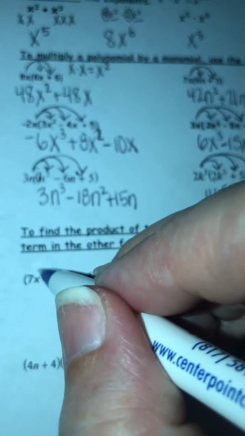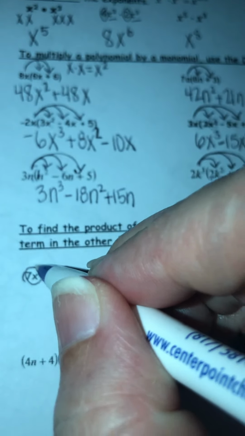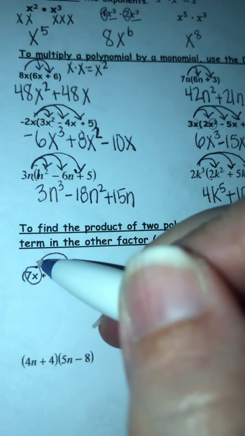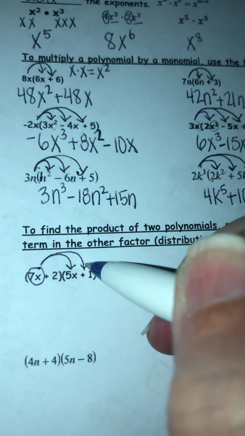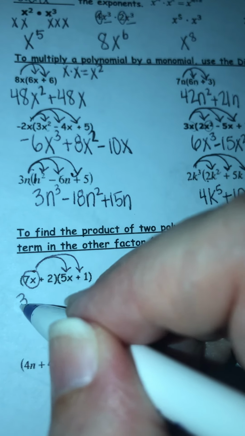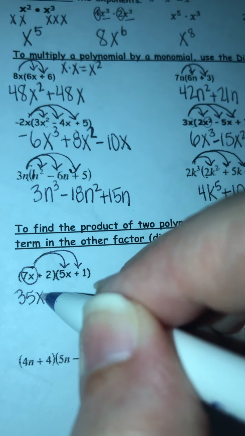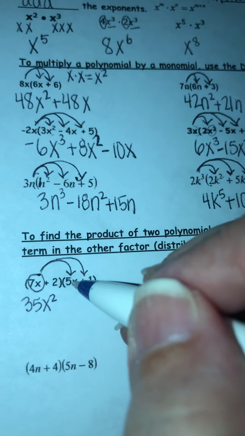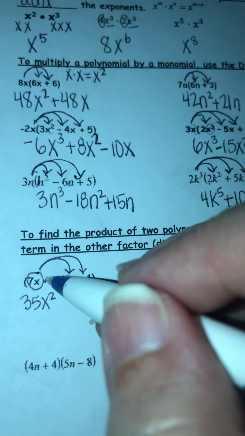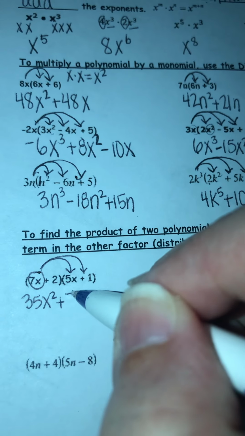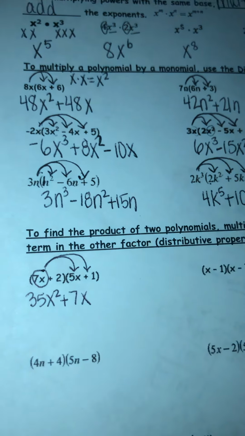So I'm going to take this 7x first, and I'm going to multiply by the 5x over here and the 1, okay? So 7x times 5x is 35x to the power of 2. 7 times 5 is 35, x times x is x squared. Then I'm going to multiply 7x times 1. Well, anything times 1 is itself, so just plus 7x.